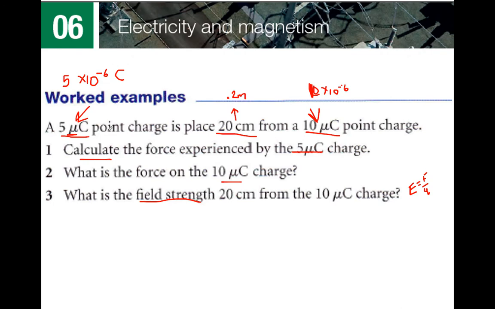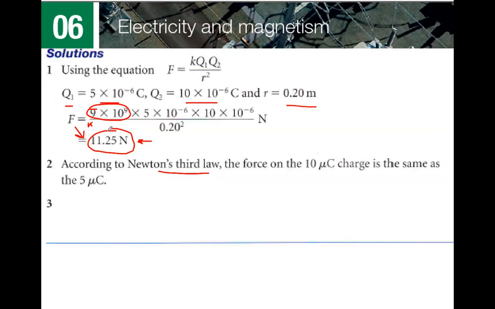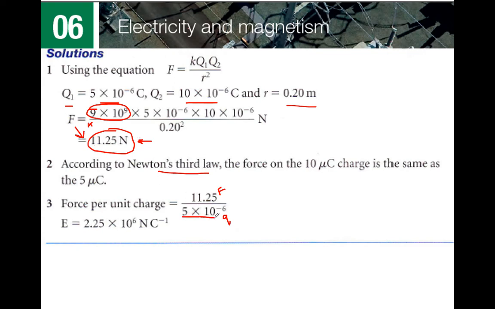Okay. And then finally, what is the field strength? Well, think about that. We just talked about that. The field strength is the amount of force divided by the amount acting on that charge. So we take our 11.25 and we divide it by 5 times 10 to the negative 6. Now, some people are going, well, why didn't you divide it by 10 times 10 to the negative 6?